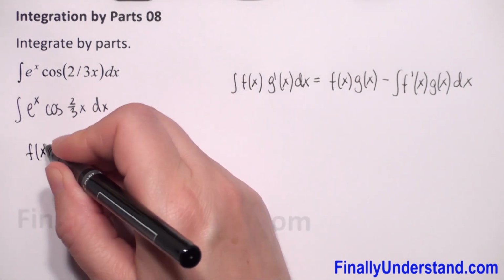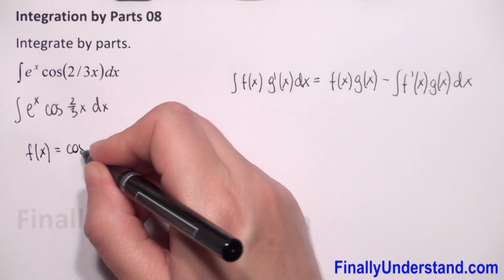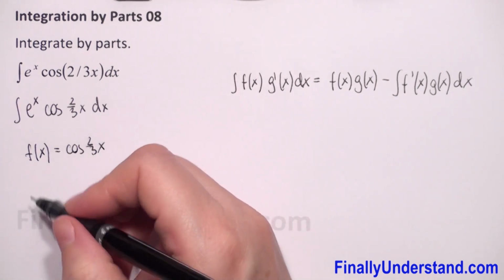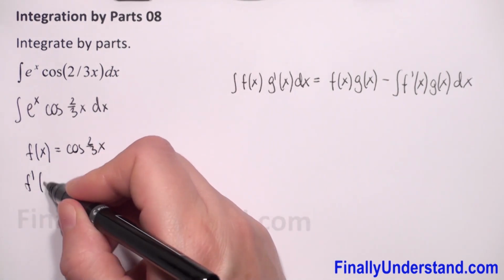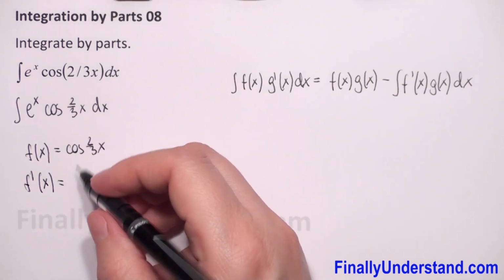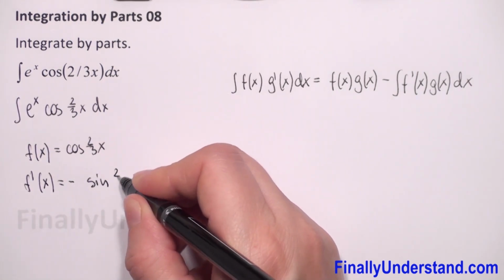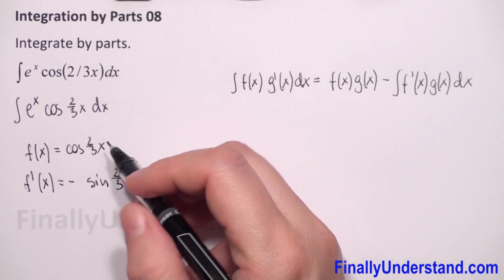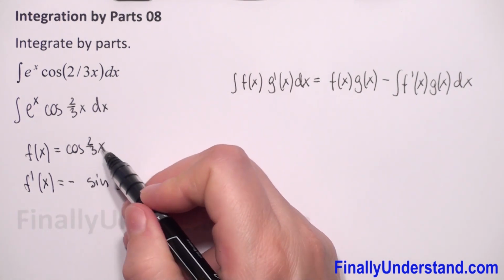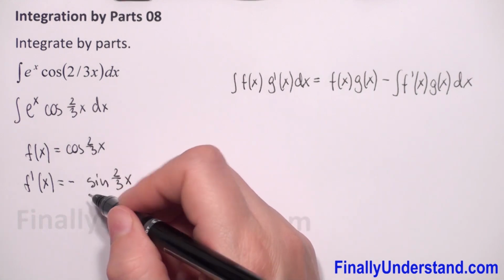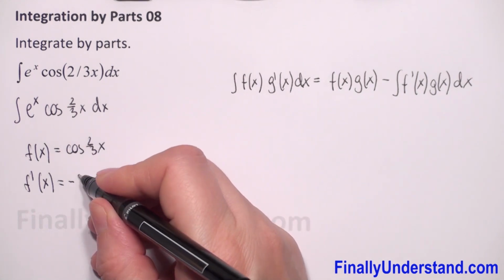F of x is equal cosine of 2 over 3 x. So f prime of x is equal, derivative of cosine is negative sine, we have 2/3 of x, and derivative of function which is inside, derivative of 2/3 times x is 2/3. So I will put this before sine.